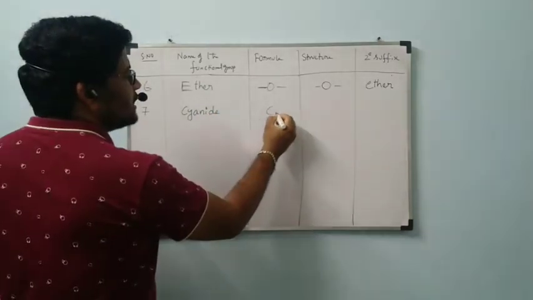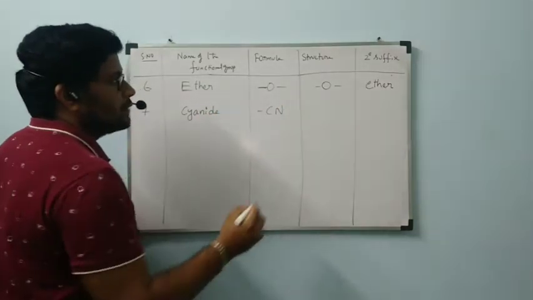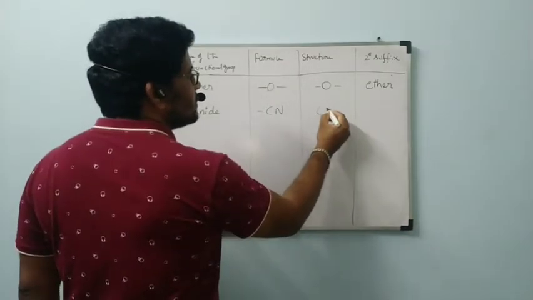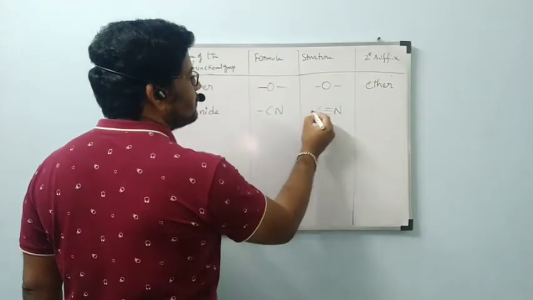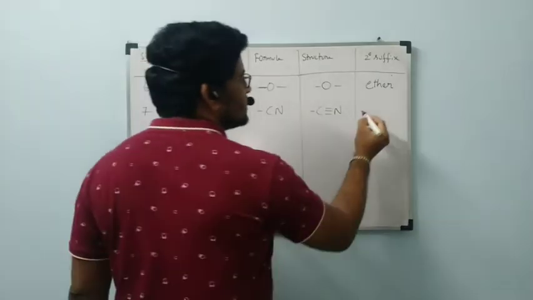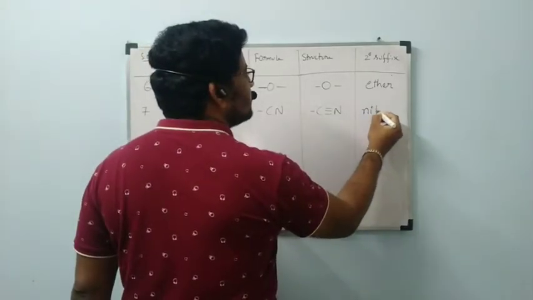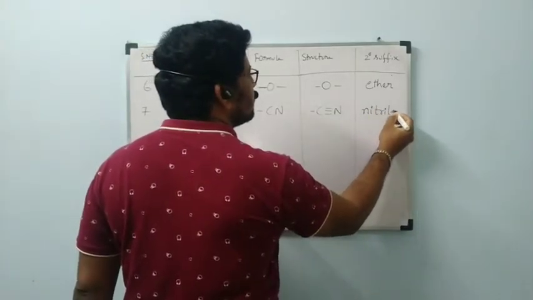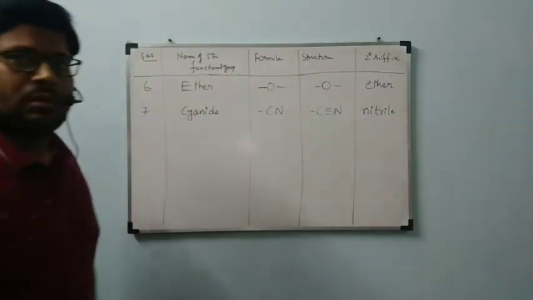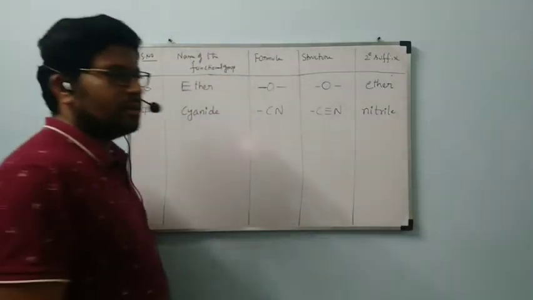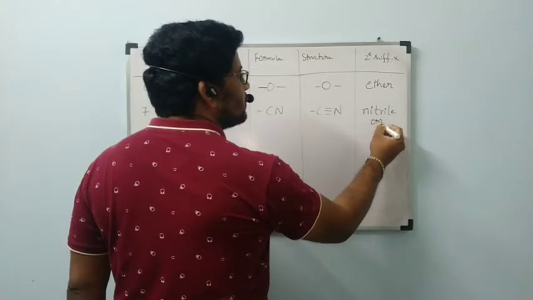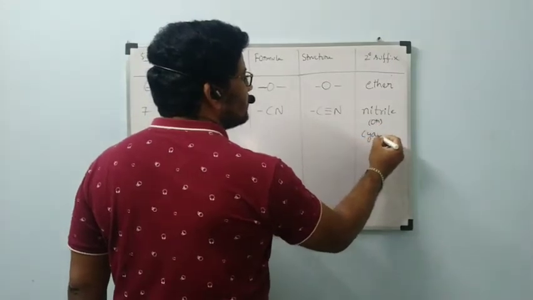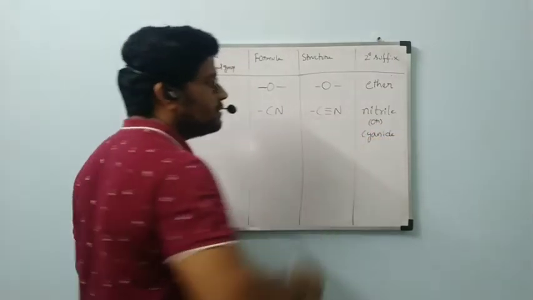Formula CN. Structure: C triple bond N. Secondary suffix: nitrile, or cyanide. Maximum we will use nitrile only.